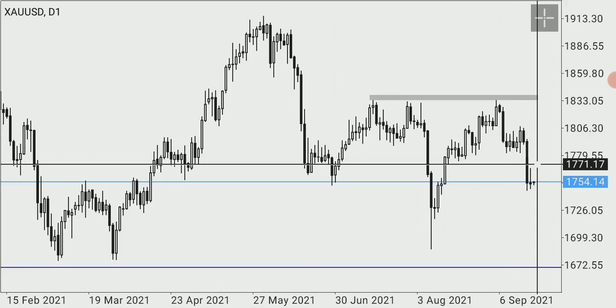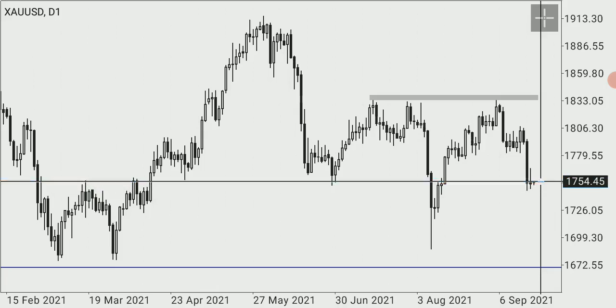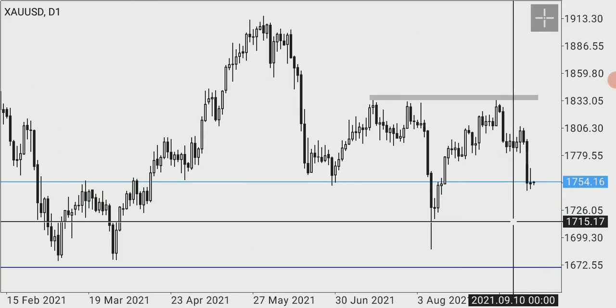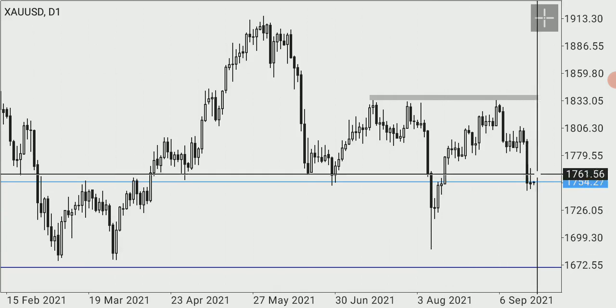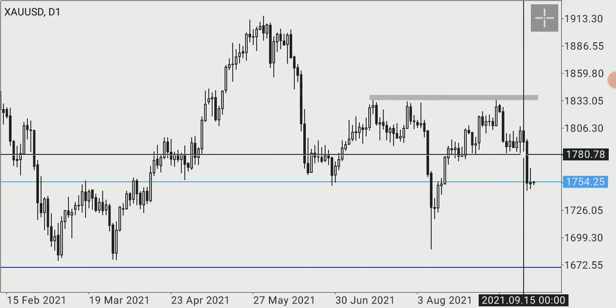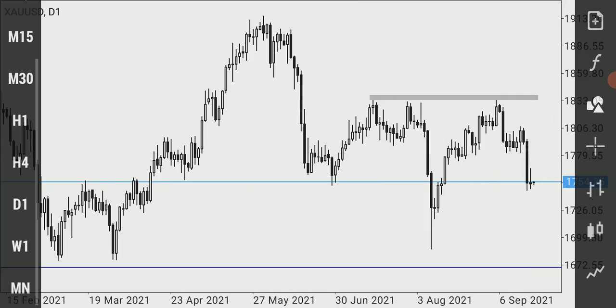The market could actually come down and maybe not be able to take out this low, but we are still going to be bearish. It is safe to be bearish on this particular pair.